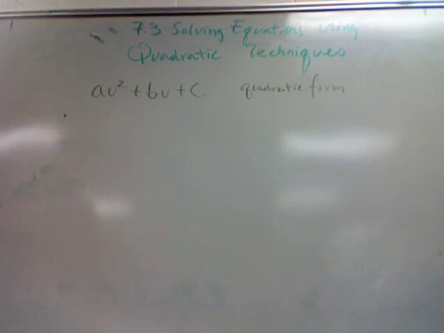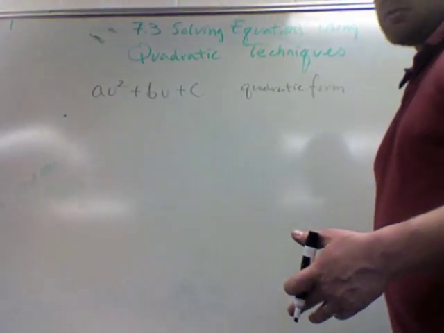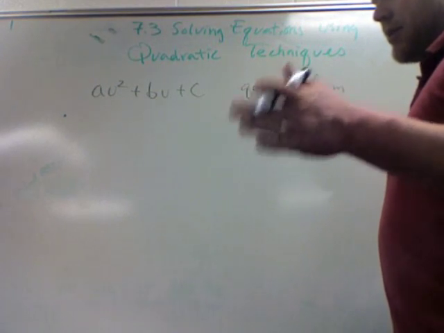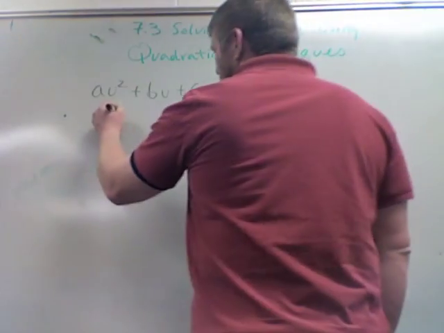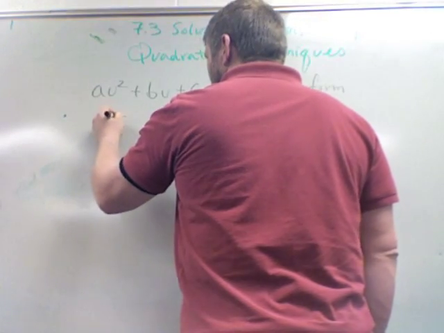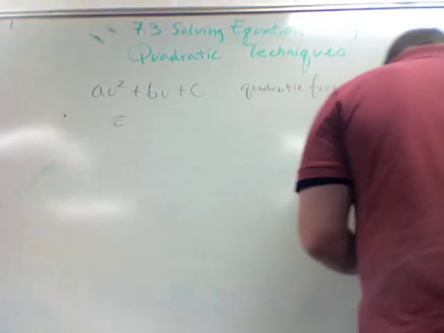The first example, I'm just going to kind of give you this. The first couple examples, I just want to show you how to write the polynomial in quadratic form.